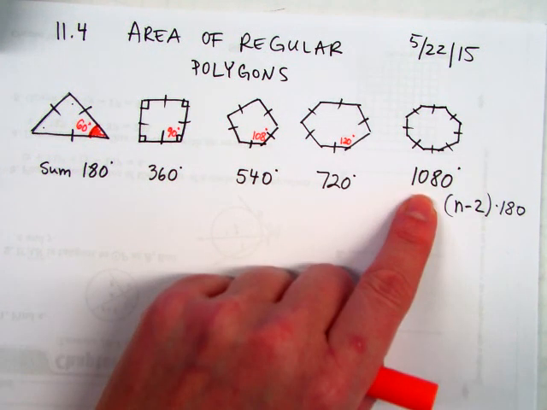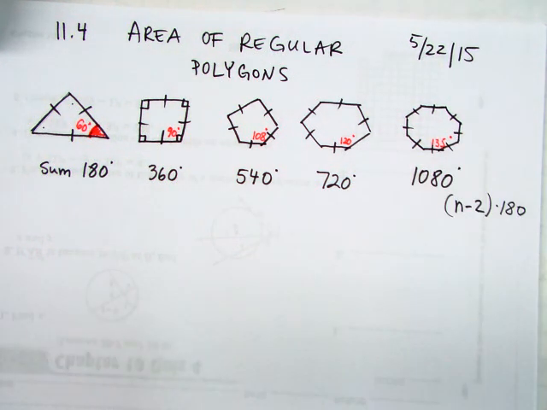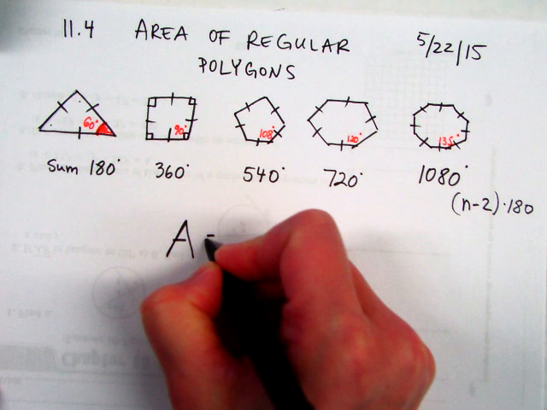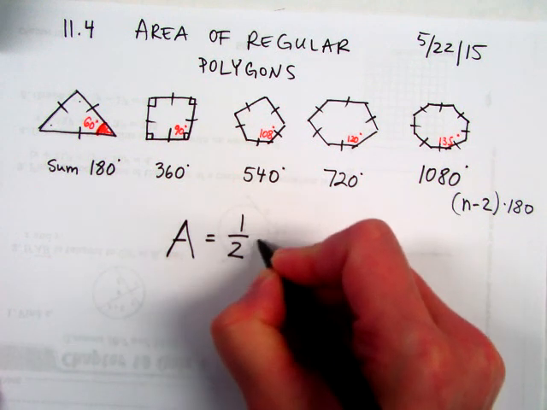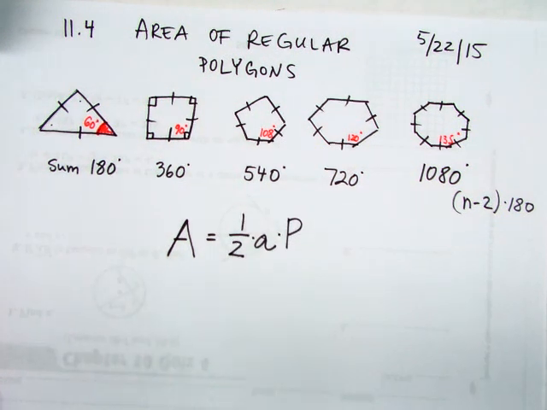Take 1080 divided by 8. 135. So that's also going to come in handy when doing area of regular polygons. You need to know the angle. Now, yesterday I told you that the area for any regular polygon is 1/2 A times P. Do you remember what the A stands for?